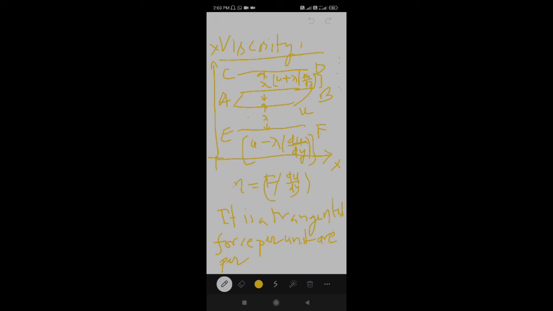Whenever this eta becomes F, whenever you make this du by dy 1, what is the meaning of that? Unit velocity gradient.